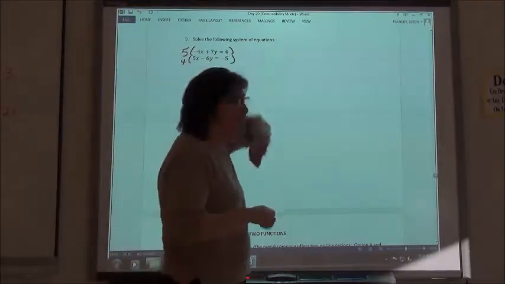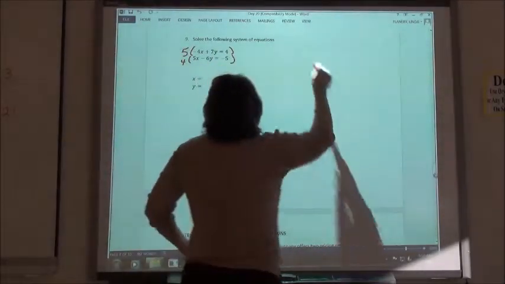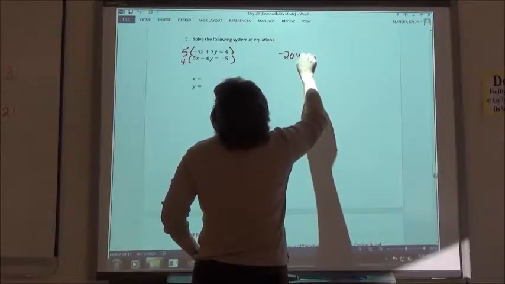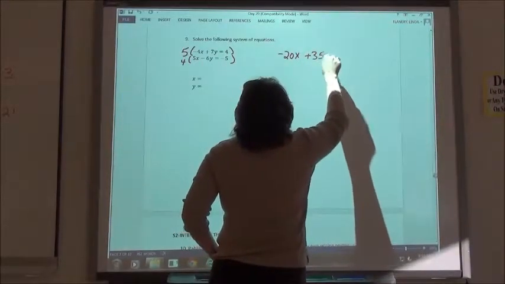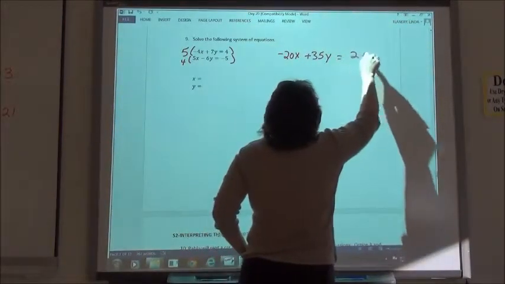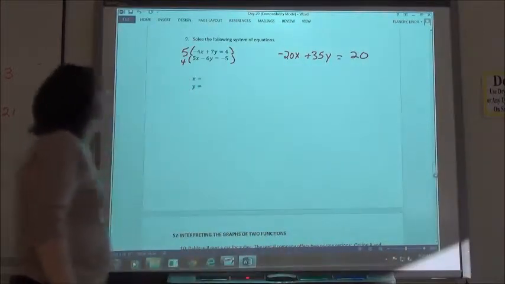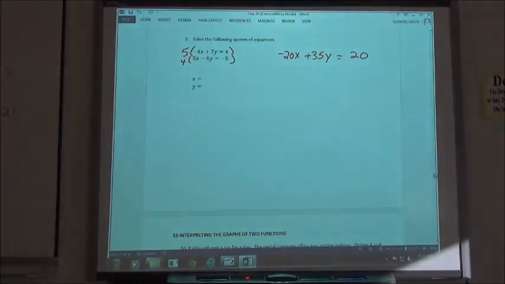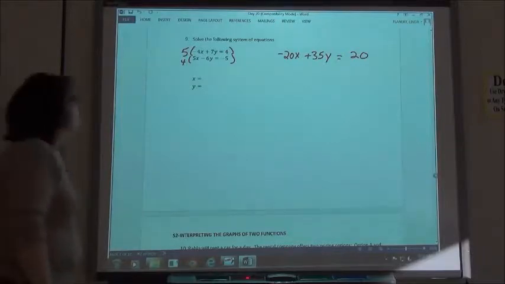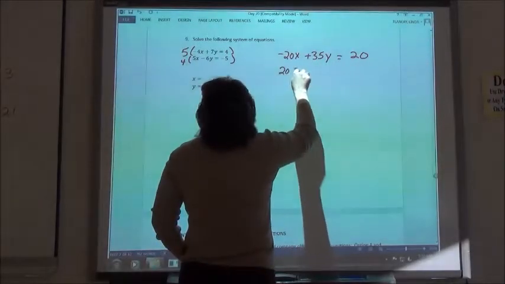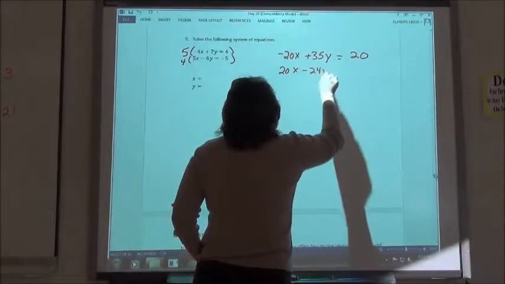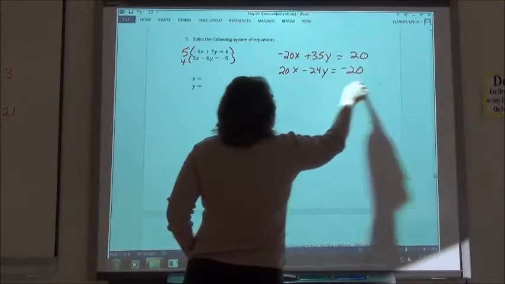So multiplying my top equation times 5, -20x plus 35y is going to equal 20. Then multiplying my bottom equation times 4, 20x minus 24y equals -20.